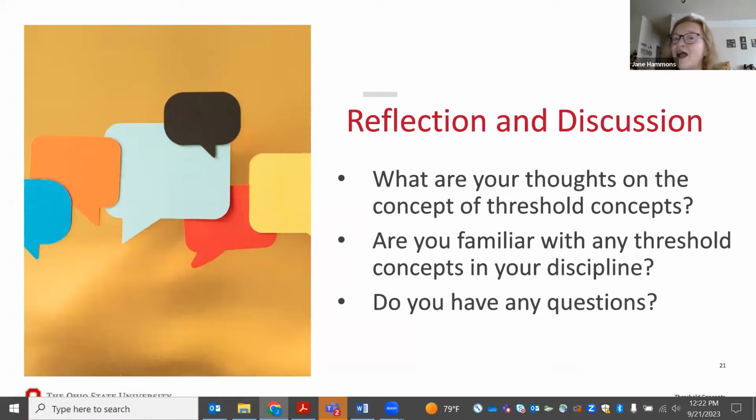So they might be able to describe the moment when they cross the threshold, but until that moment, they may not be able to recognize that they actually are struggling with one of these concepts, right? So I think that's our responsibility as instructors, identifying those concepts so that we can explicitly talk about them with students and help them across the threshold.